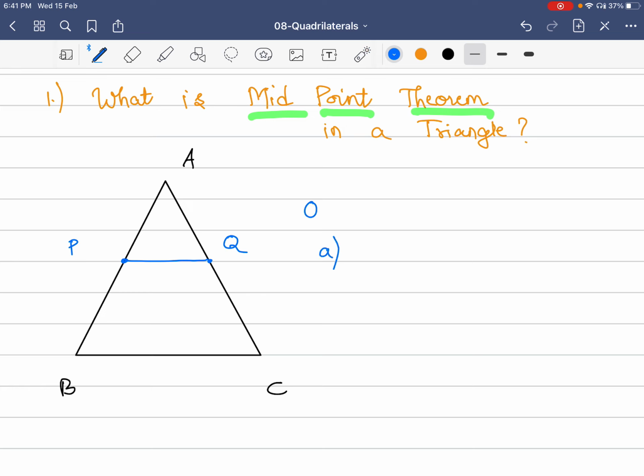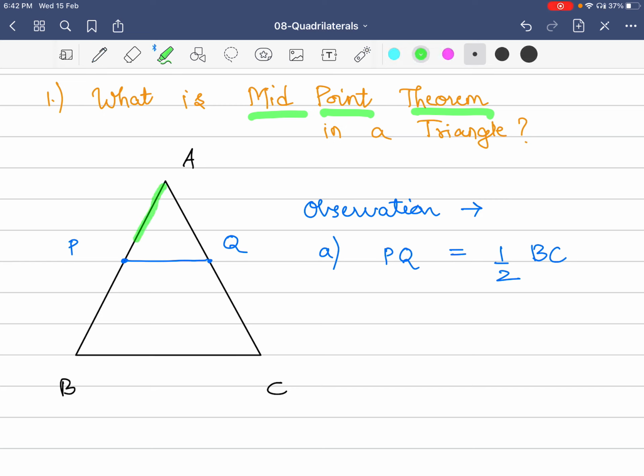I will write here: observation. The first observation is that the length of PQ is equal to half the length of BC. So the length of this side PQ will be half of the third side BC. That's the first observation. And the second observation is with respect to angles.